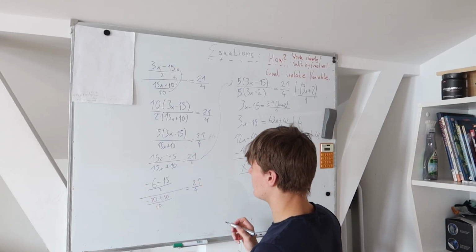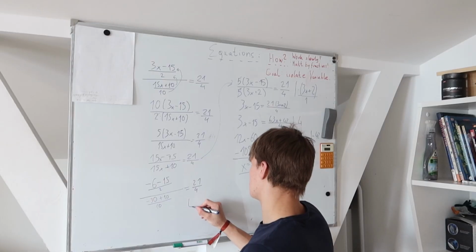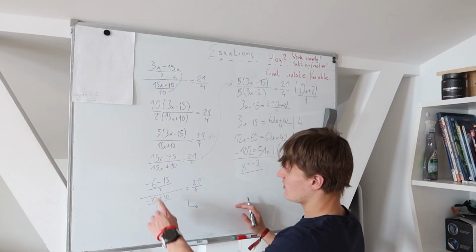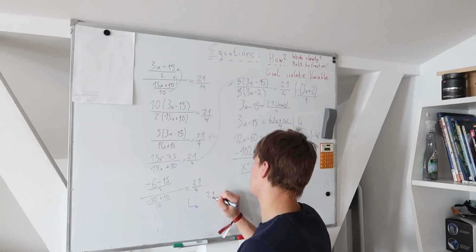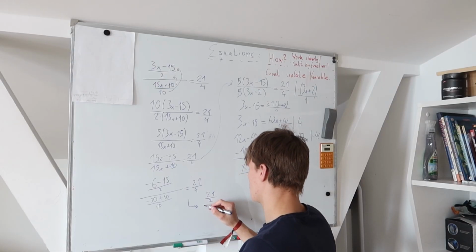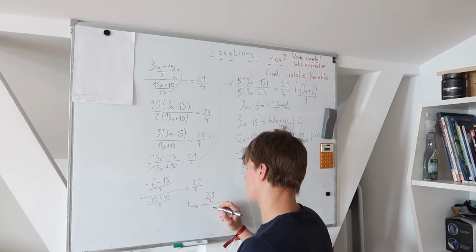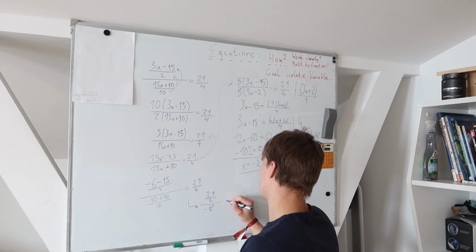So let's see this. I'm just gonna write this here. So minus 21 over 2 over minus 20 over 10, which is just 21 over 4.